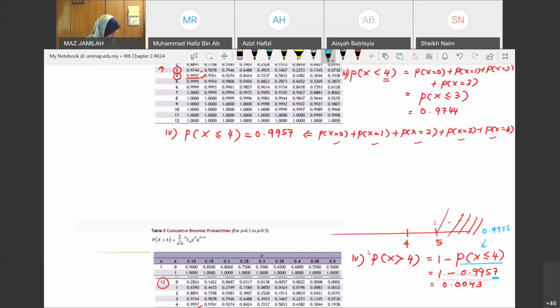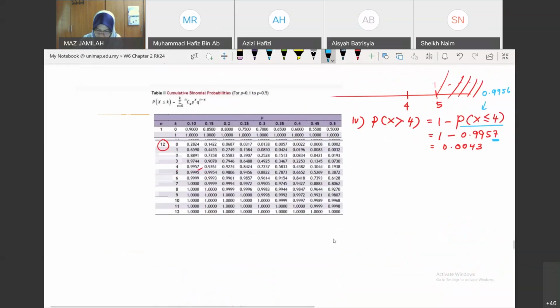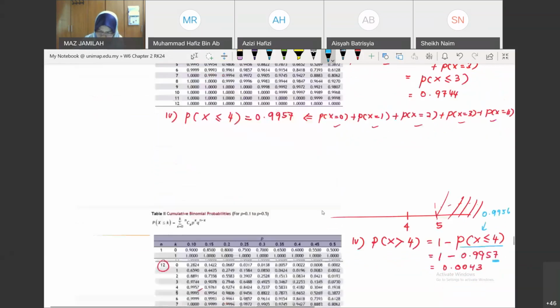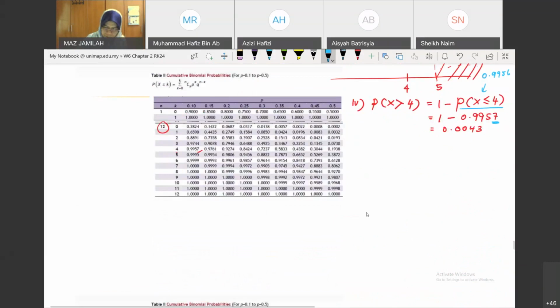Binomial 12, probability 0.1, for 12, 4. Okay, now in the Excel, if I can snap the picture.